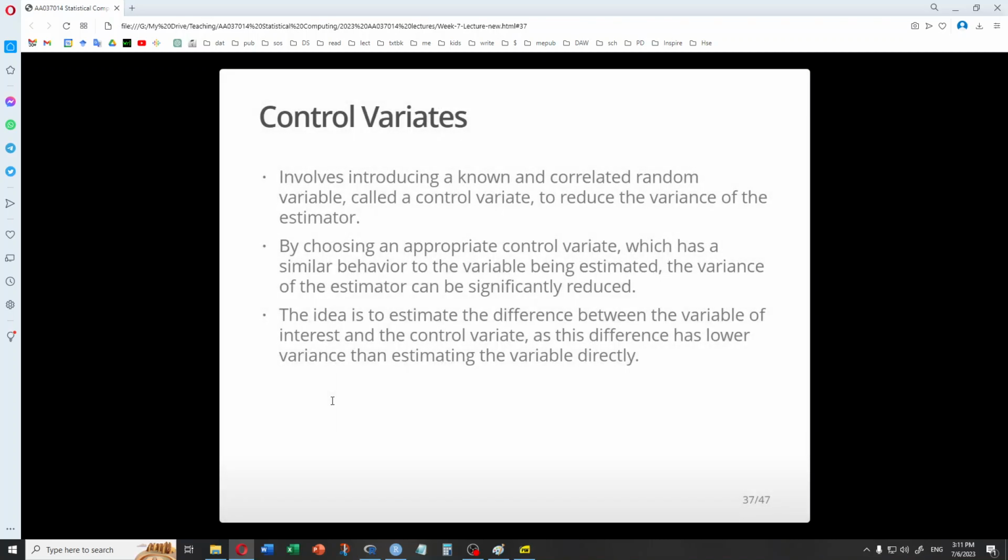Now, the second way to reduce the variance while trying not to bloat the number of replicates is using the control variate.